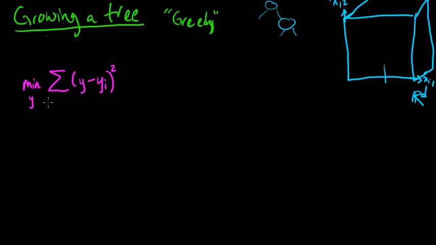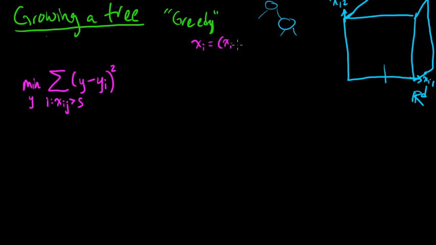This is our loss, and I'm going to make this sum over the i's such that x_ij is greater than s for some number s, because our x's are these points.